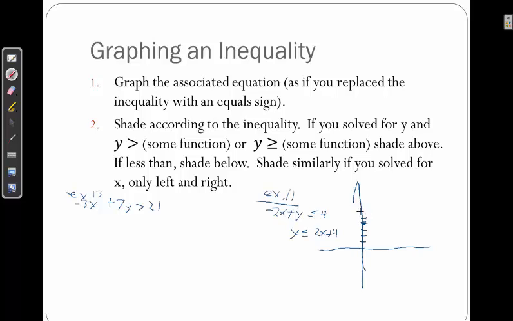It's hard to be precise with these with my graphics tablet. Let's see, 1, 2, 3, 4. So that's enough to get the general idea. This thing goes up 2 and over 1. So up 2 over 1, up 2 over 1. Basically looks like this.